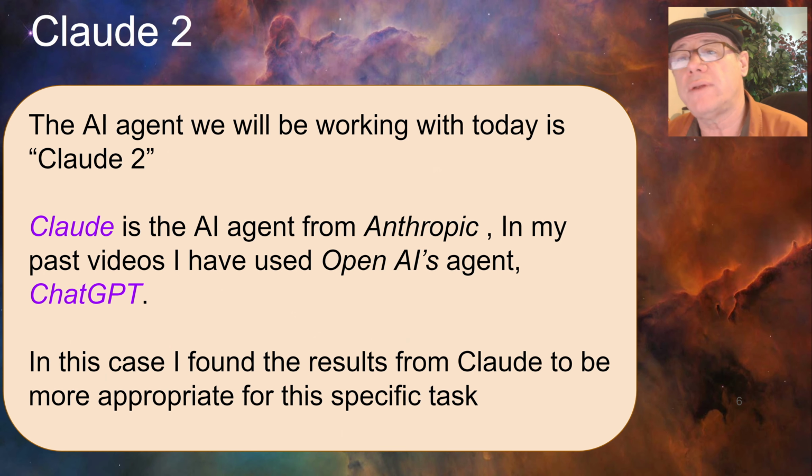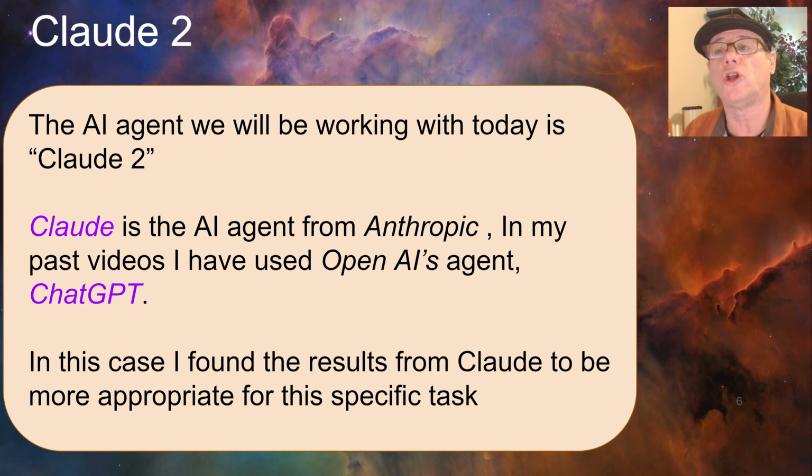So, the AI agent that I'm going to use today is called Claude 2. I had kind of given up on looking at other AI agents. Some of the AI agents that I had tested just weren't even close to the performance I was getting from ChatGPT. And thanks to my boy Alex, he turned me on to trying Claude 2, and I have been very impressed with the results I'm getting from this AI agent.